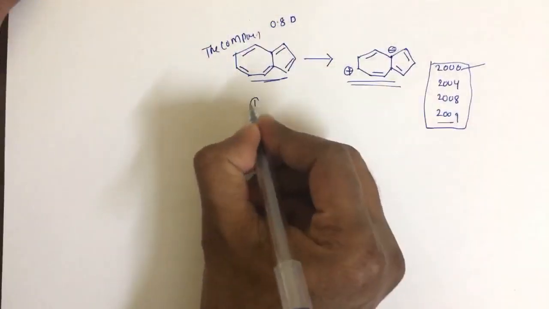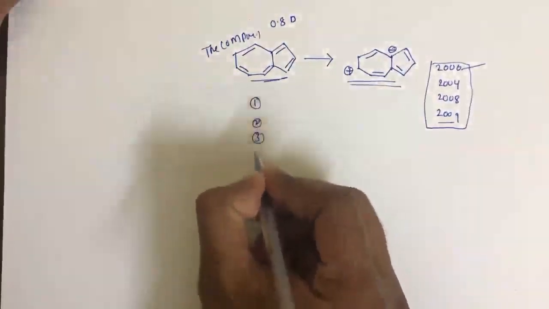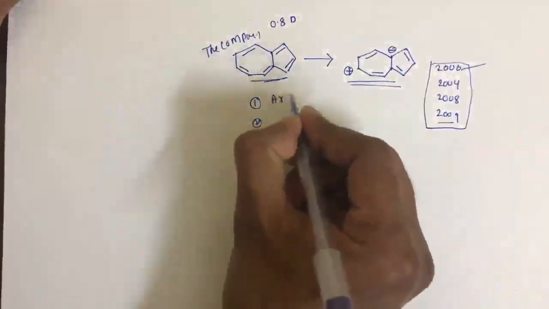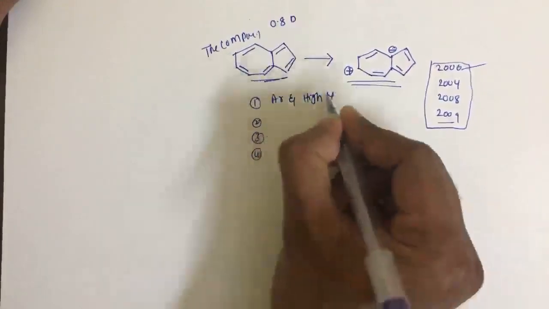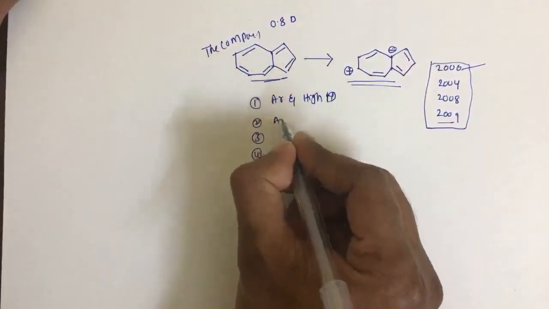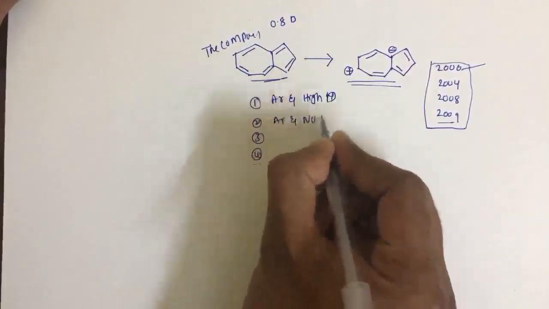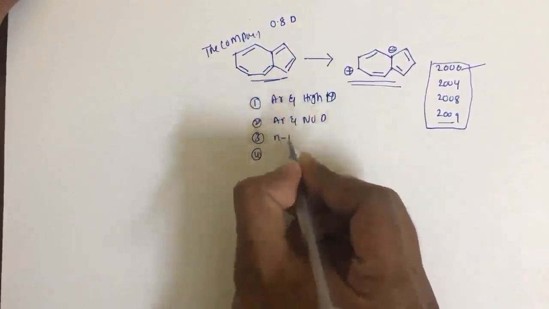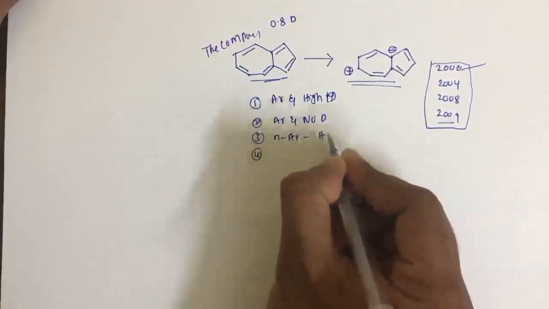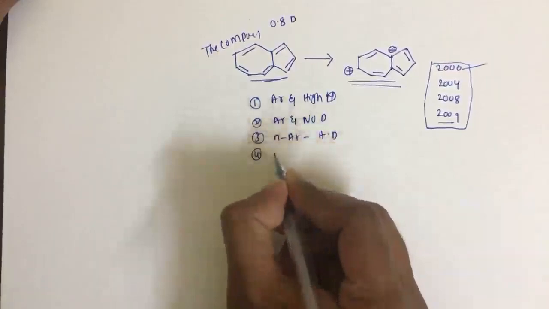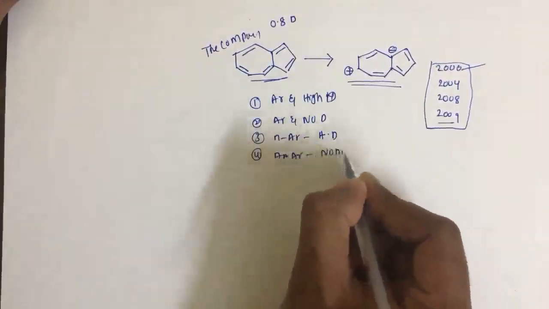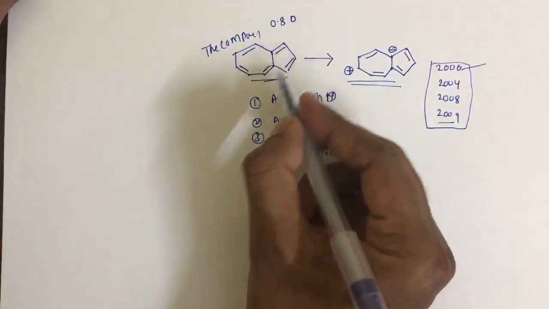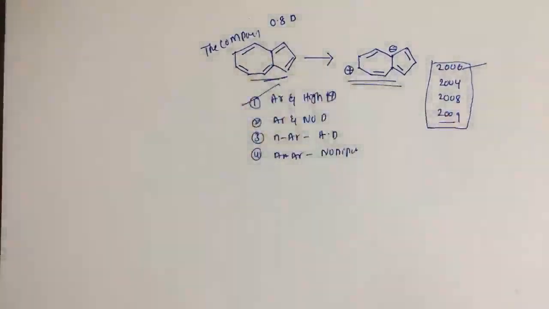Four options they have given: aromatic and high dipole moment, aromatic and no dipole moment, non-aromatic, high dipole moment, anti-aromatic, no dipole moment. So we know that this is aromatic and having a high dipole moment.